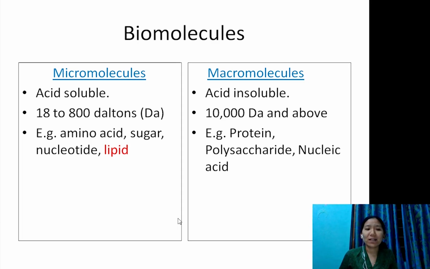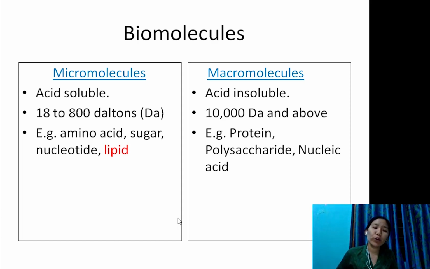The filtrate is the acid soluble portion, and this acid soluble pool contains mainly micromolecules. So these micromolecules are acid soluble, and the retentate is the acid insoluble portion, and it contains macromolecules. So these macromolecules are acid insoluble.